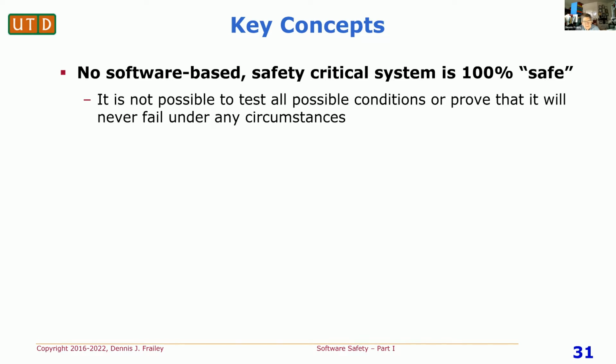For example, you can't possibly test all possible conditions or prove that all circumstances are covered if you're building a truly complex product. You can try to prove a program is correct, and that's actually used by some people for software safety purposes. But even there, anytime you have a proof of correctness, you have certain assumptions in your proof, and if your assumptions turn out to be wrong, then you're going to be wrong.